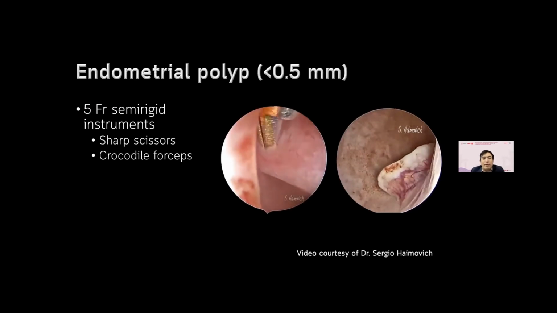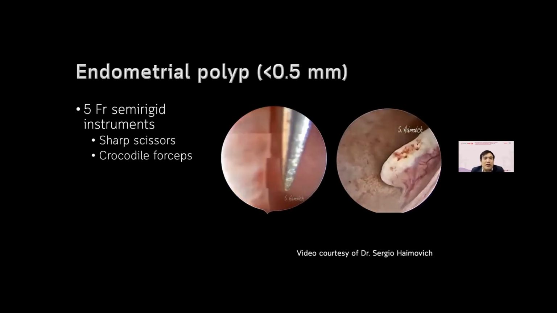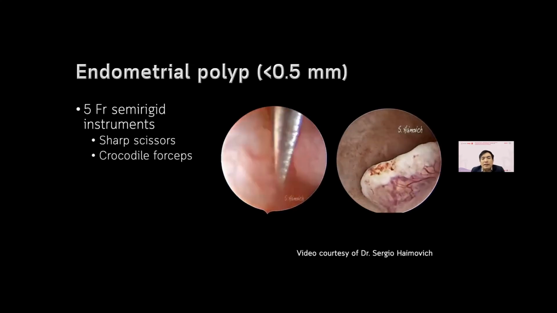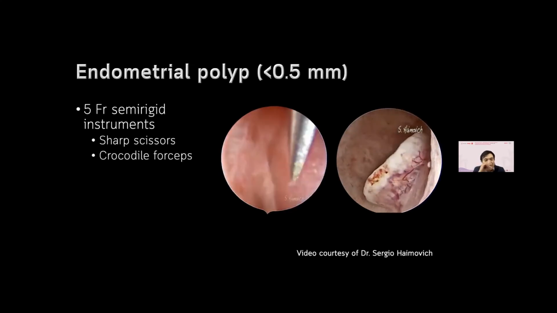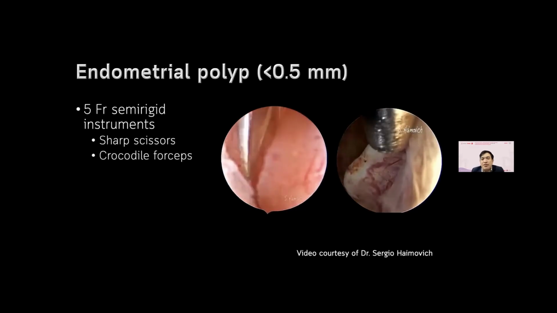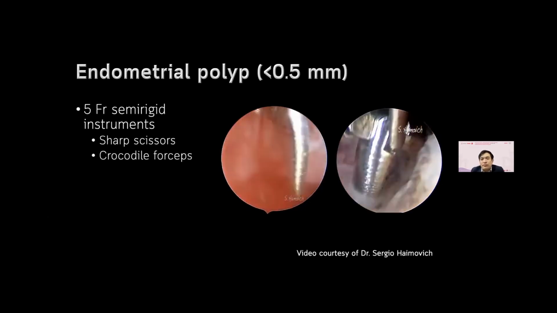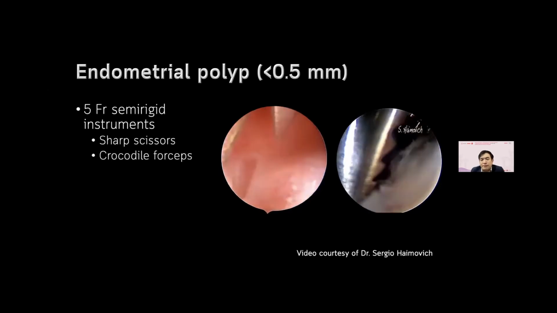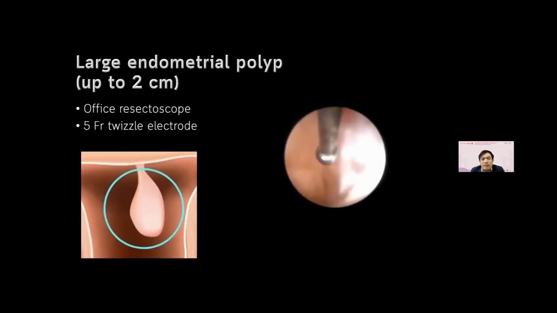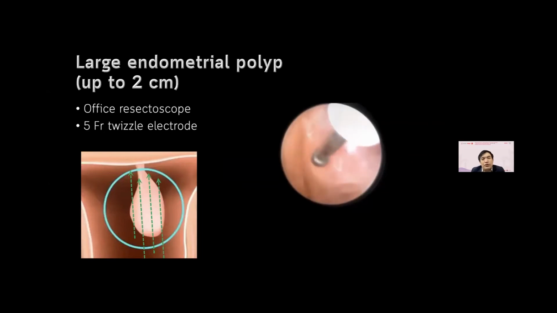Okay, for the small polyp, we can just use the semi-rigid instrument with the sharp scissor and the crocodile forceps. You just grab it, and we push and pull to get rid of the lesion. But for the larger one, the bipolar needle is optimum to cut the lesion.